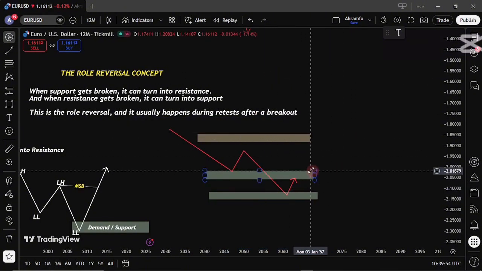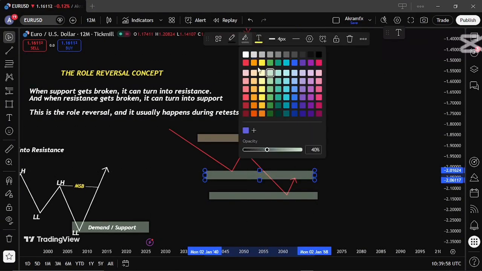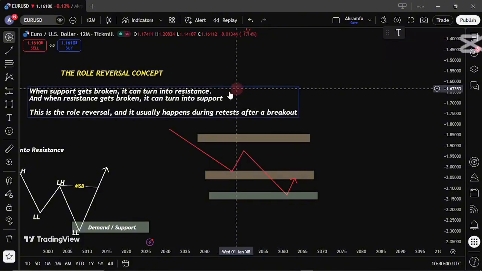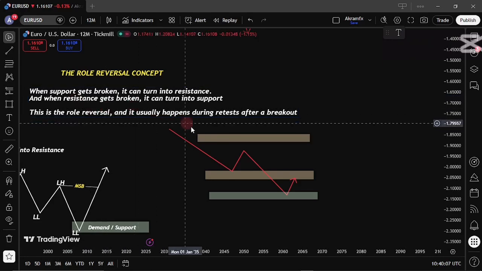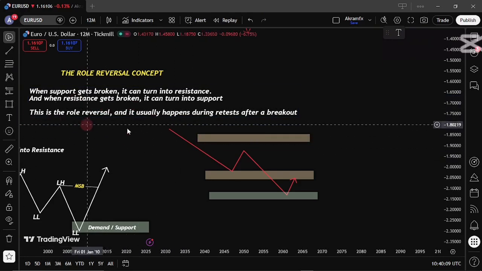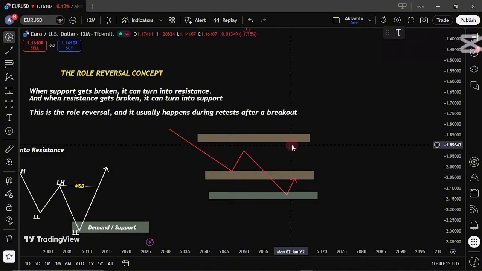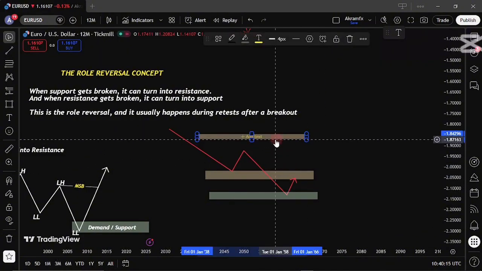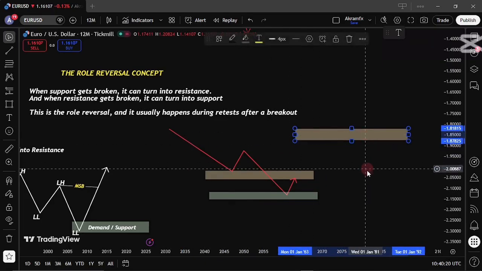Then the recent support that was broken has now turned into a resistance. This is the meaning of the statement that when the support gets broken, it can turn into resistance. And when the resistance is broken, it can turn into support. Now, for example, here is our support.